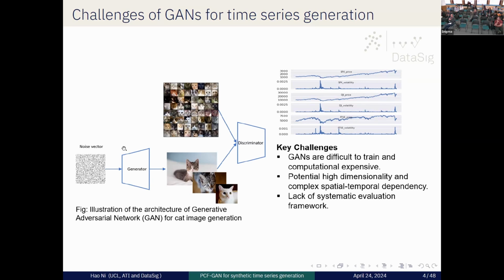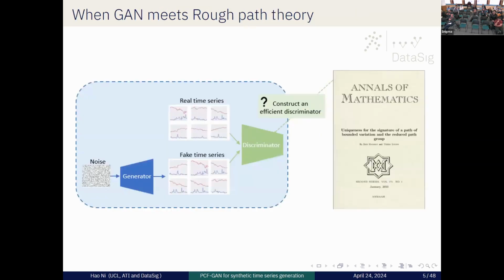For time series data, GAN training might be even harder due to the potential high dimensionality and the complex spatial temporal structure of the data. I'll mention that, in comparison with static image data generation, the evaluation framework for time series generation is even harder and less well established.